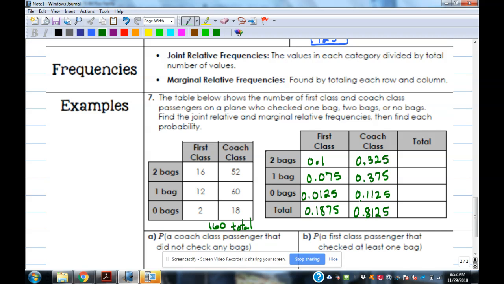All right, and then total across. If we total across, this is going to be our marginal relative frequency. So add these two together to get this total. It'll be 0.425, right? That's easy to do. Add across on the one bag row. 5 is 10, that'd be 8 and 7 is 15. So 0.45.